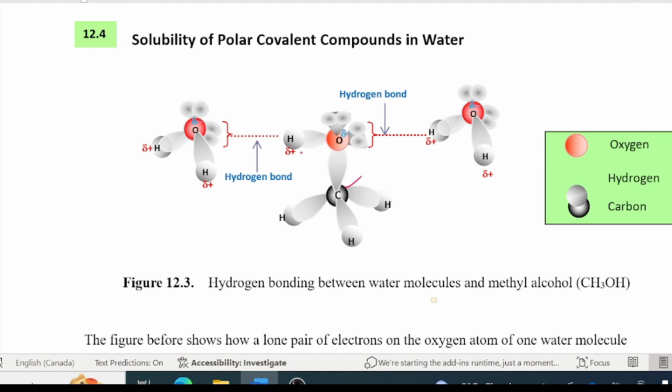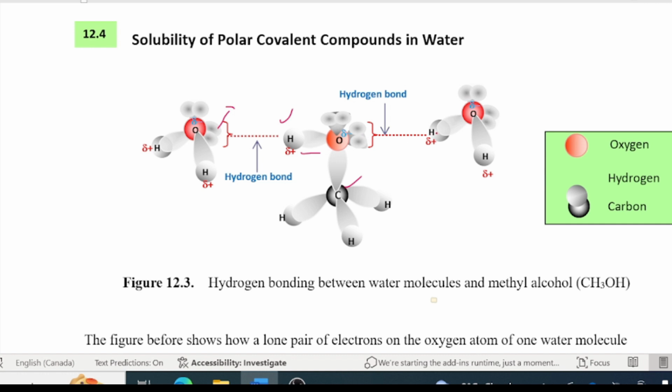Because this bond here is polar, the OH bond is polar, that end of the methyl alcohol molecule acquires a small positive charge, and the oxygen here has a small negative charge. So what will happen here then is the slightly positive hydrogen here will form hydrogen bonds with these lone pairs of electrons on the oxygen. Same thing happens here.